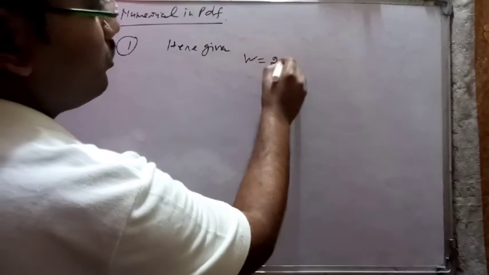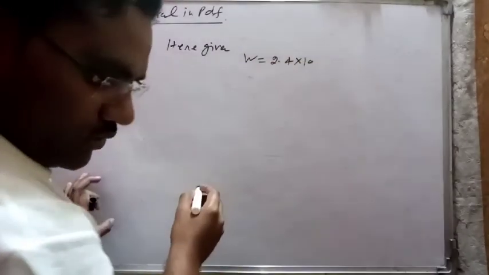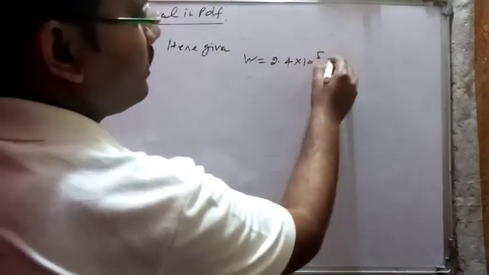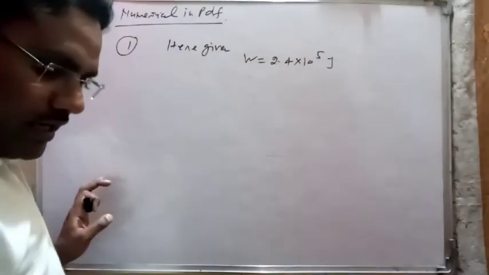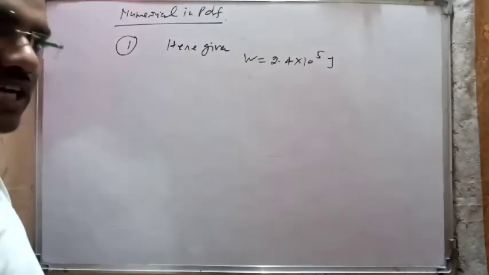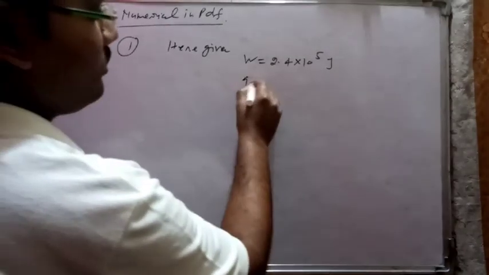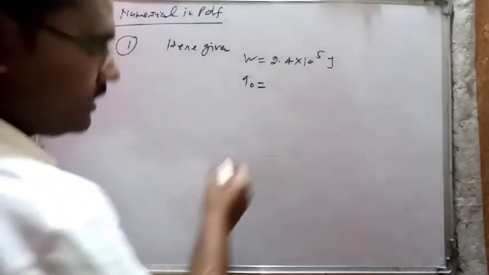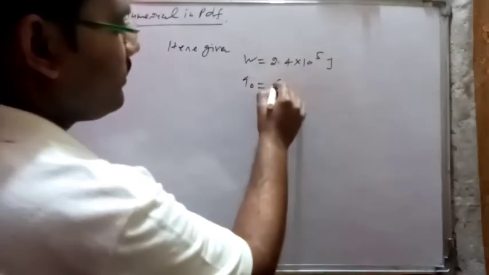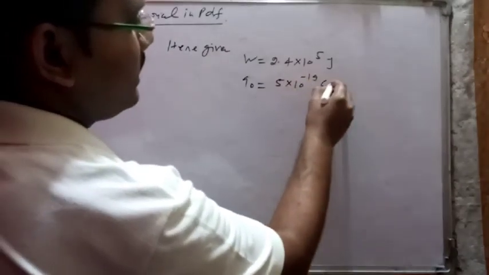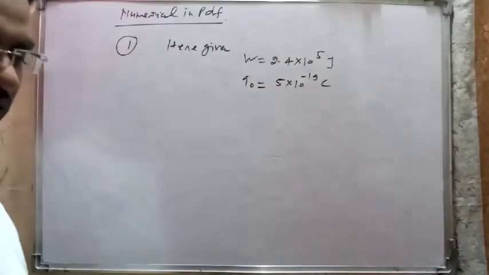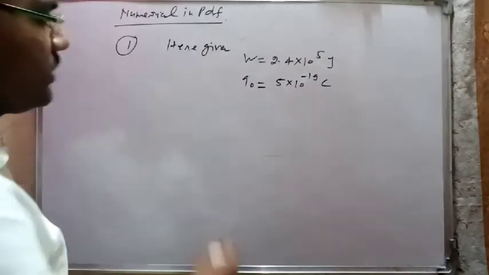W is equal to 2.4 into 10 to the power 5 joule, and to carrying a charge, that means test charge. So now here test charge is Q naught, and this one is the given 5 into 10 to the power minus 19 coulomb. Now here we have to find the electric potential.